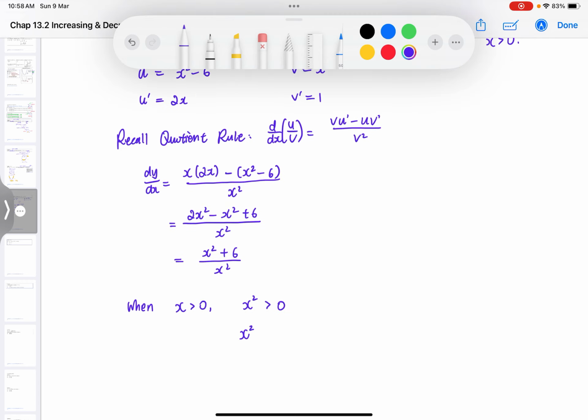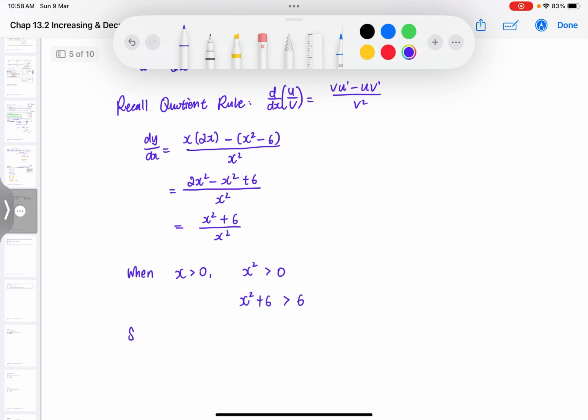So x squared plus 6 is greater than 6. Since x squared plus 6 is greater than 0, dy/dx is greater than 0 for x greater than 0.